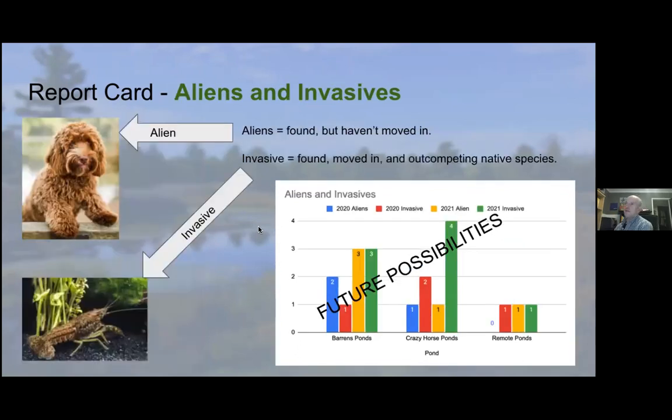Similarly, aliens and invasives. We have the one alien that we're sure of, that was the dog. Conceptually, the idea is that aliens, you found them, but they haven't moved in, whereas invasives, you found them, they've moved in, they're breeding, and they're potentially outcompeting native species.